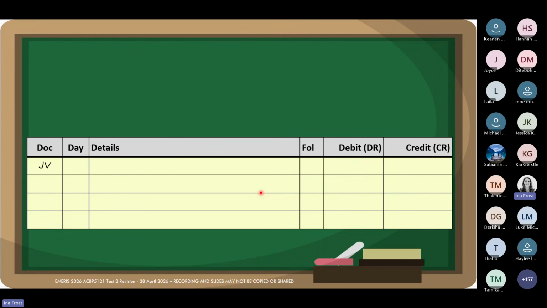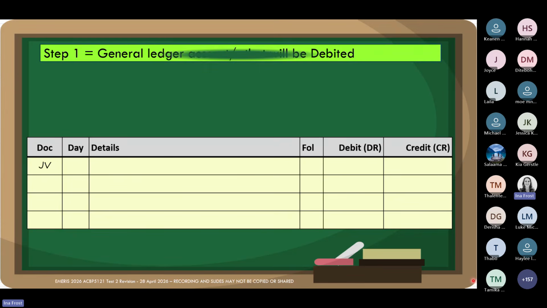So let's go through it one more time. When we do a general journal entry, we follow the following steps. First step is we identify which general ledger account or accounts we have to debit. And that is then the first thing that you write down in your general journal. So we always begin a general journal entry by writing down the general ledger account name that you're going to debit, and in the debit column, you write down the amount.